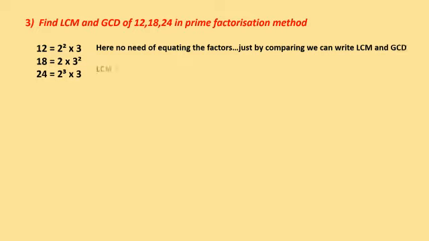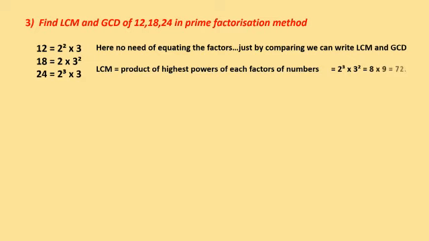Now LCM is the product of highest powers of the factors of each number. So here 2 cube in the first column and 3 square in the second column, whose value gives 72.